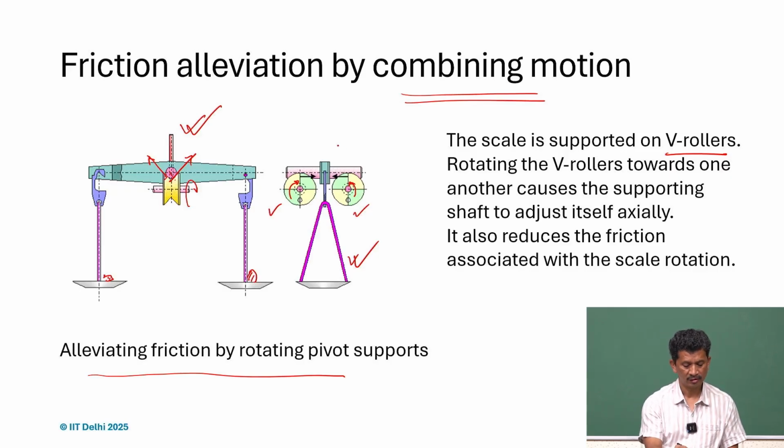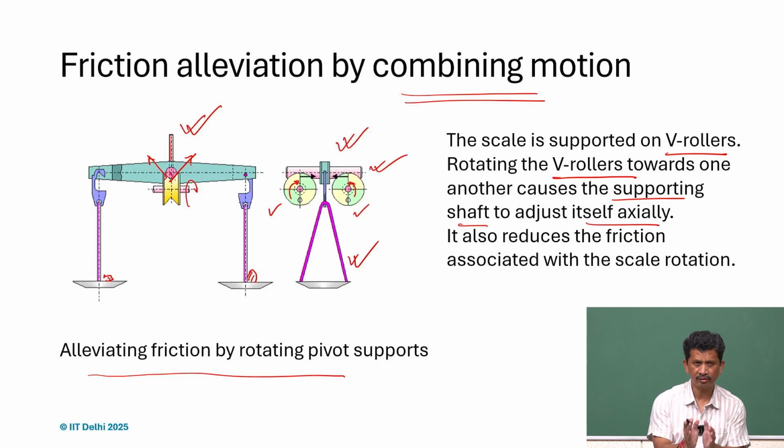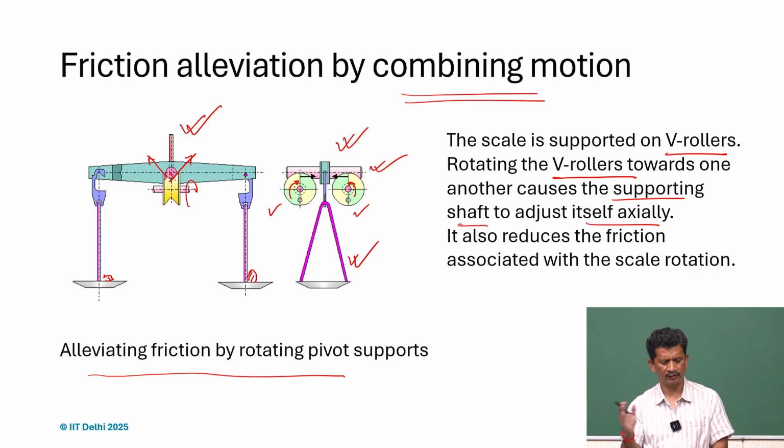If we check this figure, what we realize is that these rotating V rollers move towards one another, and they support the shaft, and edges actually, because if it tries to move towards one side, the equivalent weight on that side will increase, so the effective friction will also increase, so it will try to push it back. Similarly, if it moves towards this side, the weight on this side will increase, and so it will bring it to equilibrium on its own.